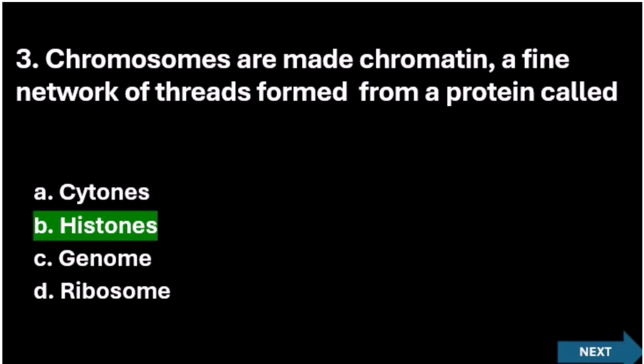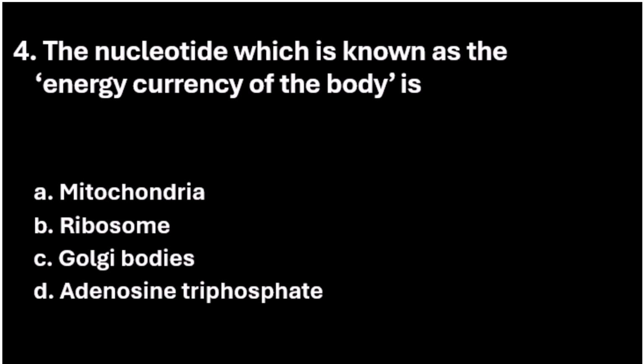Chromosomes are made of chromatin, which are formed from a protein called histones. Next question. The nucleotide which is known as the energy currency of the body is option A, mitochondria, option B, ribosome, option C, Golgi bodies, and option D, adenosine triphosphate.